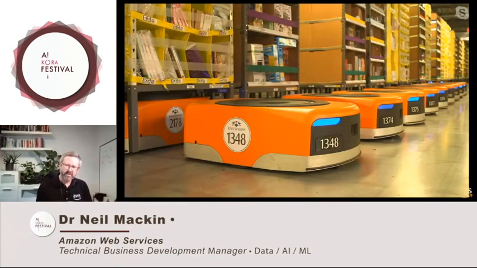And then these Kiva robots move around. So if you imagine looking down on this scene, you've got this beautiful dance as all these robots move around in this orchestrated way to move the stock to the pickers to pick what you need to go into the orders that we may have made.